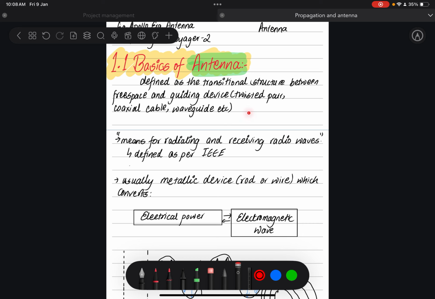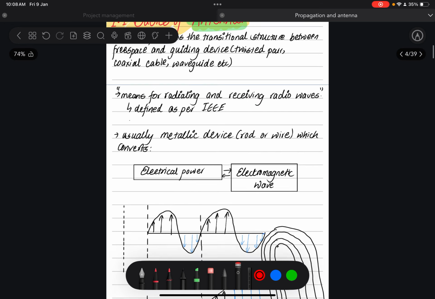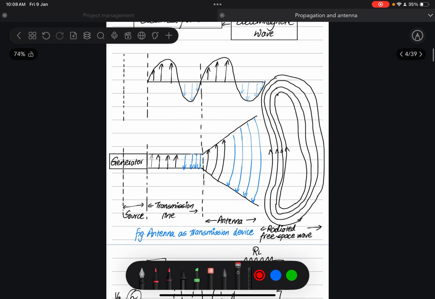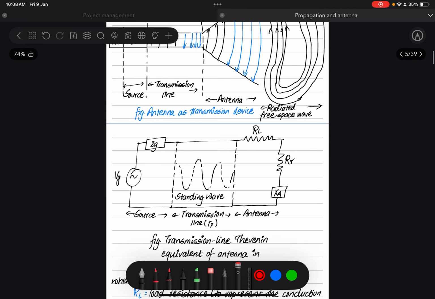So from the physical medium, we're converting it into an electromagnetic wave in free space, or vice versa, because the antenna can be radiating or receiving. So this is basically the thing. There is a source, there is the transmission line that I just mentioned, there is an antenna, and there is the radiated free space wave.